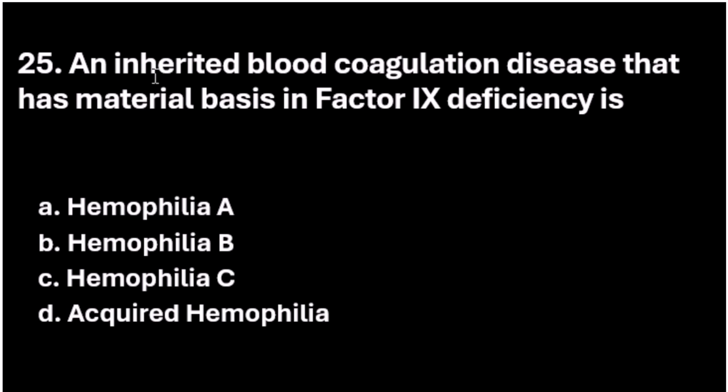So, the material basis in factor 11 deficiency. Factor 9 deficiency. It is not 11. Sorry for that. It is 9 deficiency. Option B, hemophilia B is the right answer. So, hemophilia B has the material basis in factor 9 deficiency.